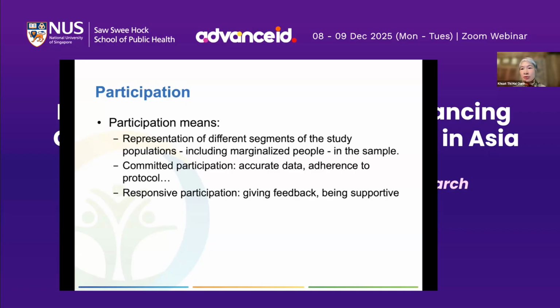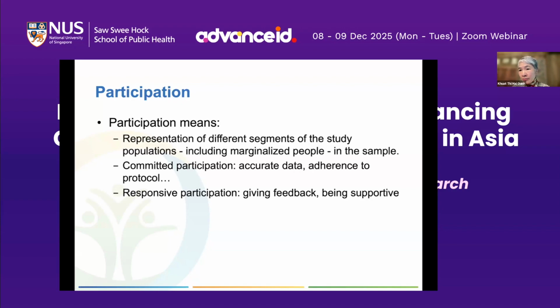If in the protocol they need to take the drug 20 times a day, they would take the drug 20 times a day, and not skip it and then tell you later, or throw away the drug and tell you that, oh, I took all the drug. So they adhere to the protocol, and we would like to have responsive participation, that they give feedback.